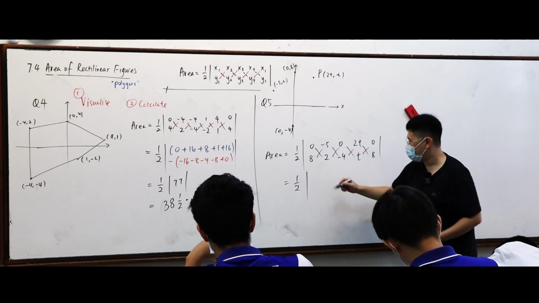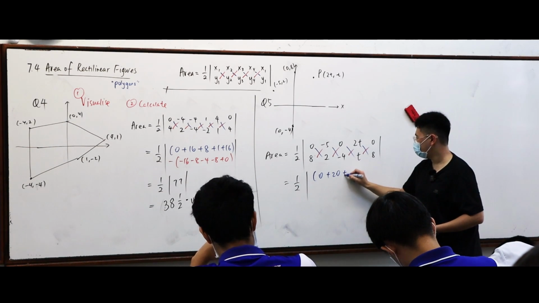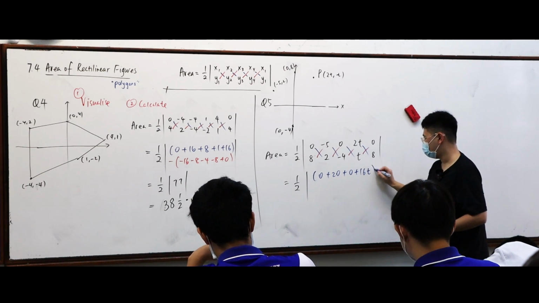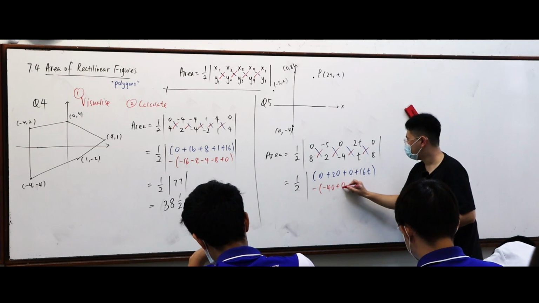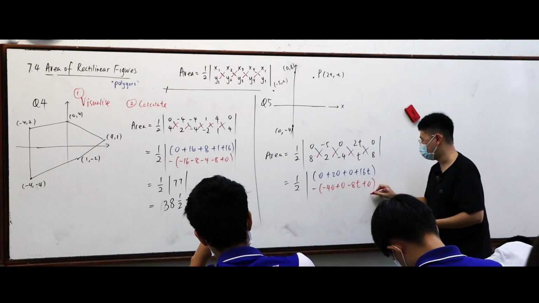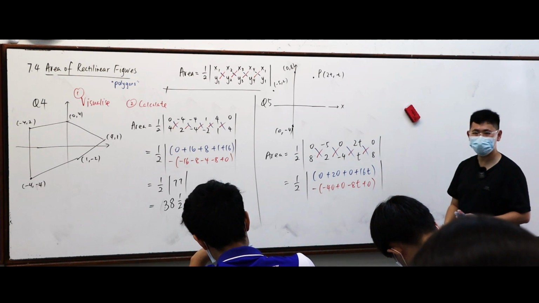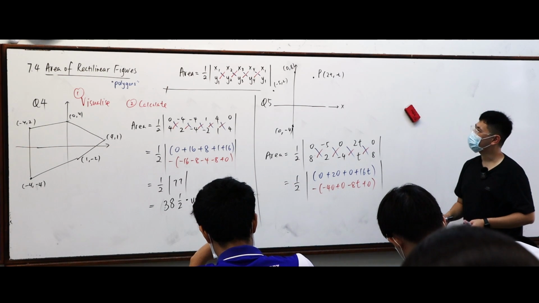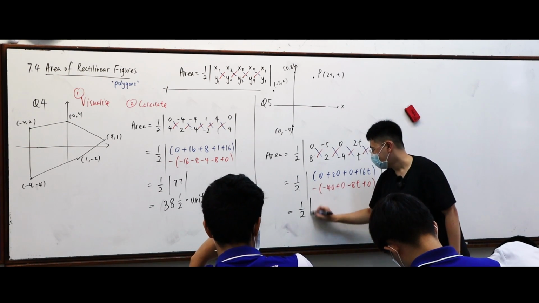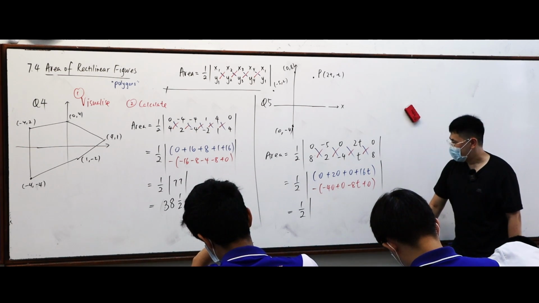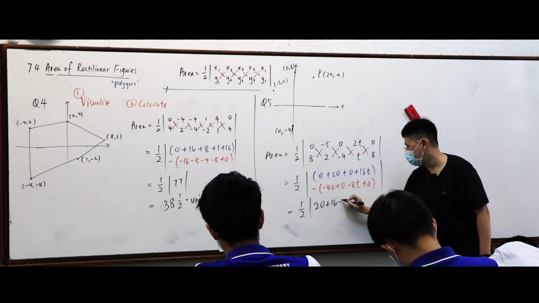So over here, 0, 20, 0, 16t. The next one is negative 40, 0, minus 8t, 0. Apologies for this long thing. So what we are going to have here is half times, on top we got 20 plus 16t.